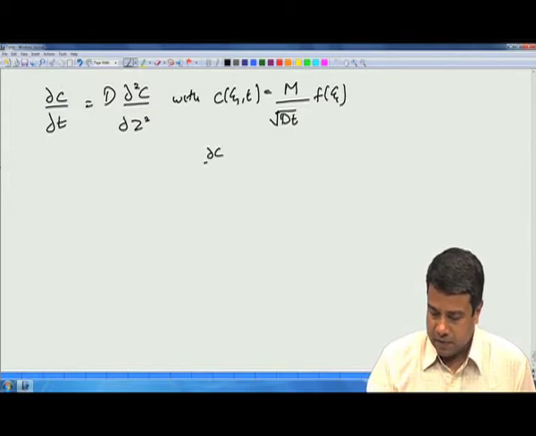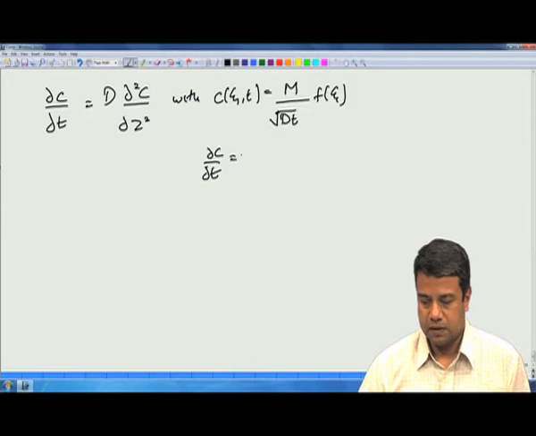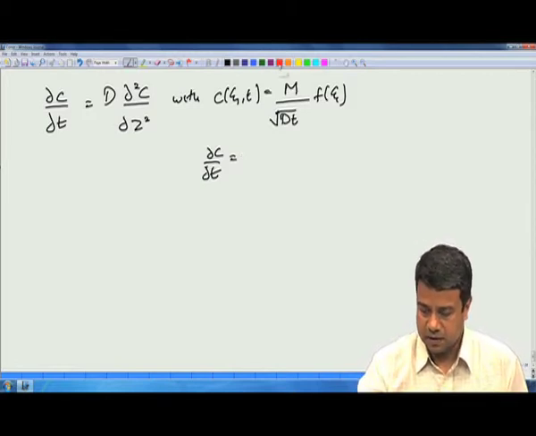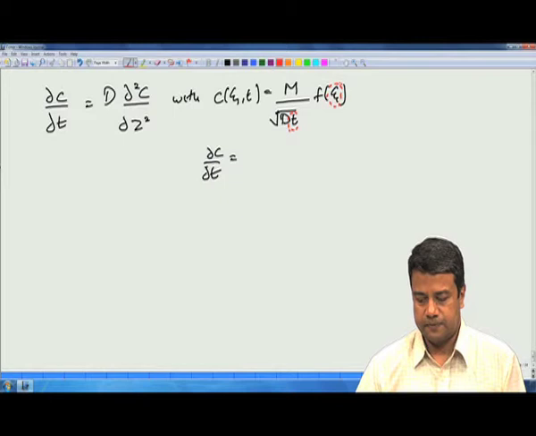Therefore, partial c by partial t has two terms here. There is a dependence on time in the prefactor, and there is a dependence on time through this function of psi as well.